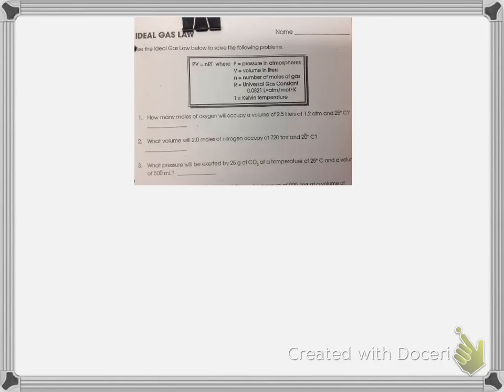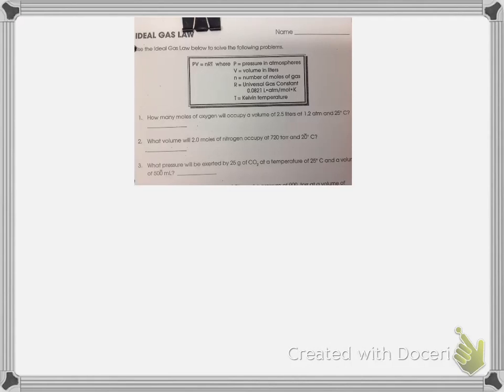In problem number 2, we're asked what volume will 2 moles of nitrogen occupy at 720 torr and 20 degrees Celsius. So let's start with just making our list of variables.